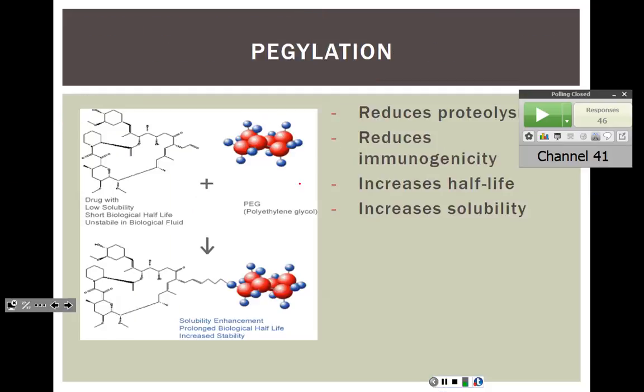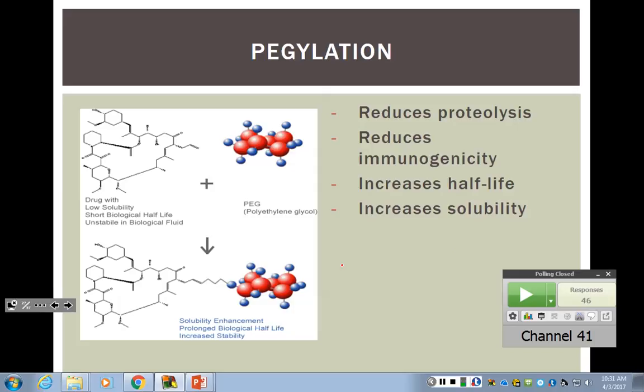All right, so let's review what we just learned about pegylation from all of these experiments. We saw in the first figure that pegylation reduces proteolysis, making the protein more resistant to protease degradation. It appears to reduce immunogenicity.